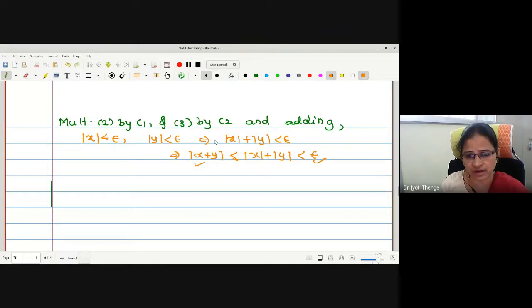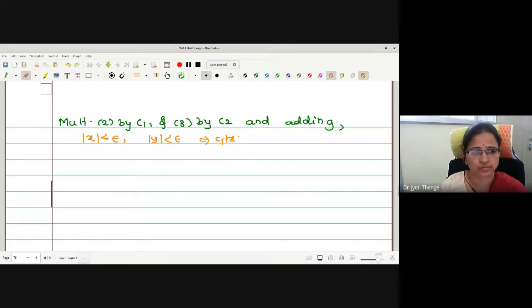Here I can write multiplying by C1 and here multiplying by C2. Then what will be my right hand side? C1 mod x plus C2 mod y less than C1 epsilon plus C2 epsilon.